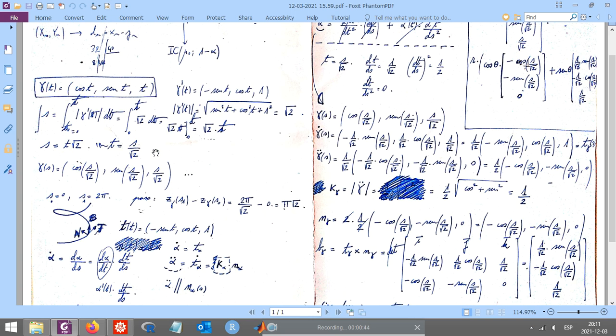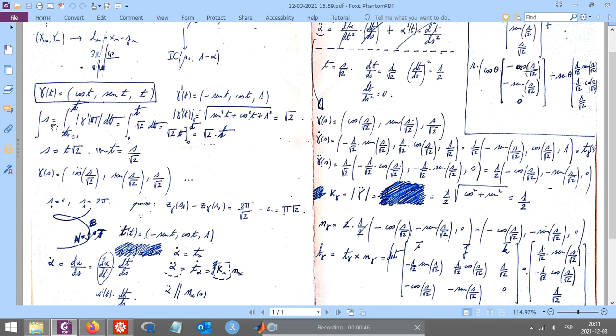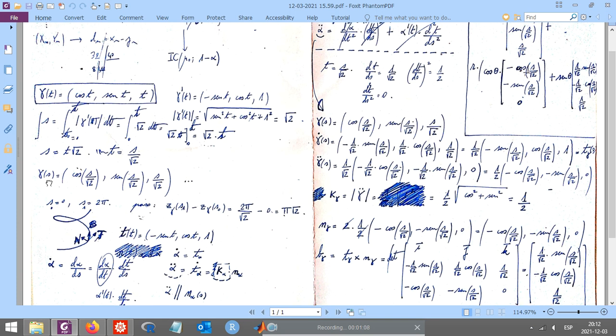So what I have here, this is the parameter t, but in order to make calculations easier, I calculate the arc parameter. So in the end I get this expression for the helix, this one.